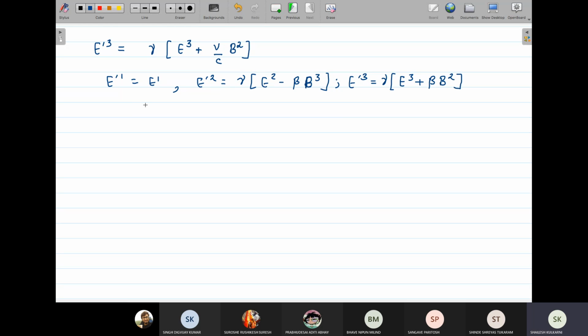This is not the way the spatial components of a four-vector should transform, right? So this is the difference. Your electric and magnetic fields are not part of any four-vector. Like your velocity, the 3-velocity v, is not part of a four-vector.